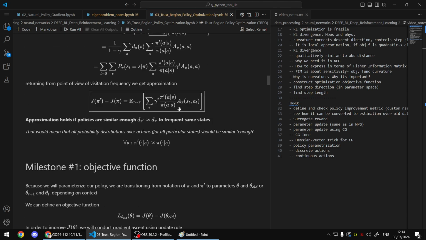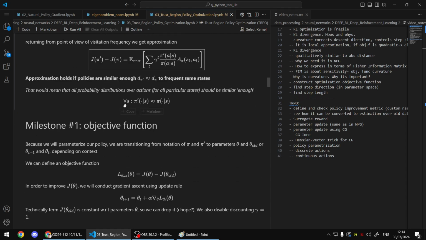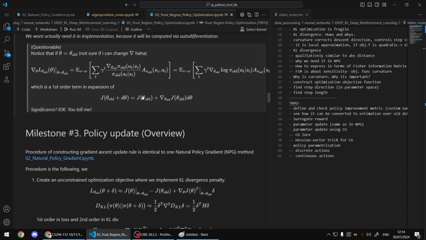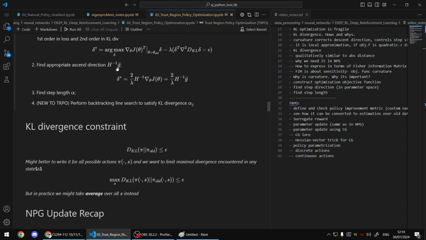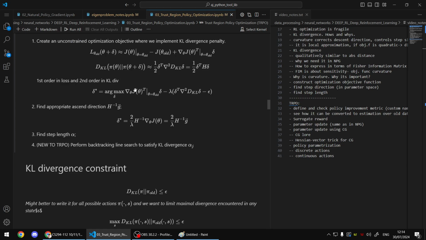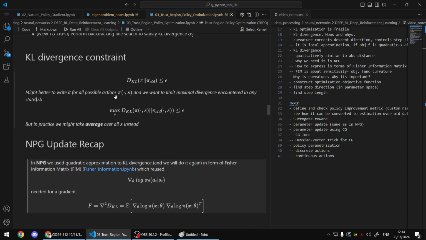It will lead us to another objective function, which is based on importance sampling. We will also construct a maximization optimization problem and discuss how KL divergence appears there.